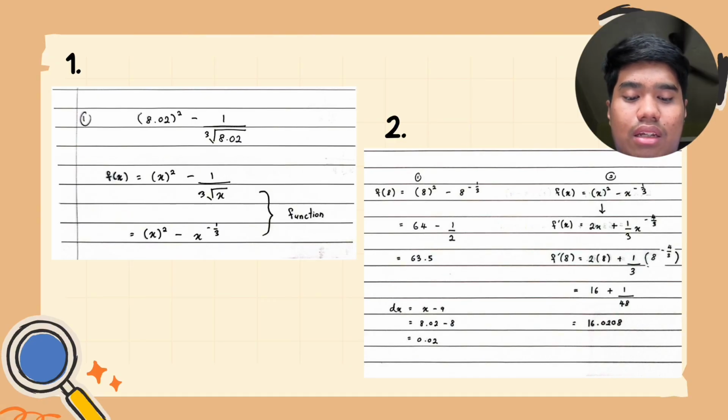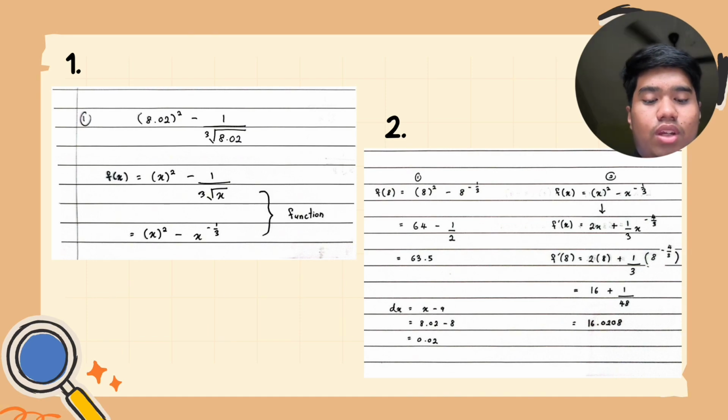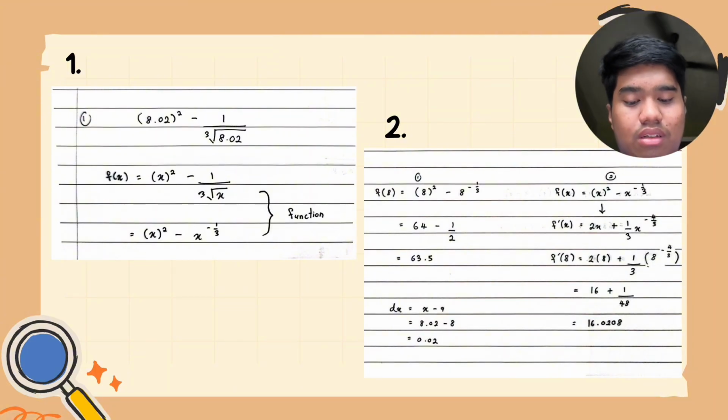So what is a, x and dx? x is the initial value, which is the value that was given from the question. Meanwhile, a is the new value, which is the nearby value from x.